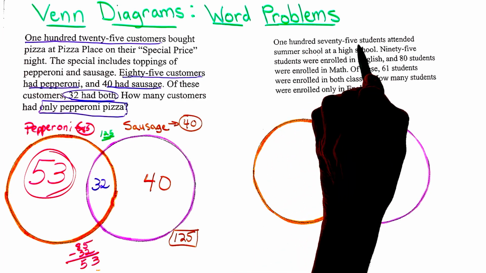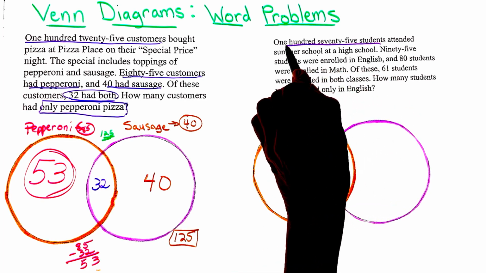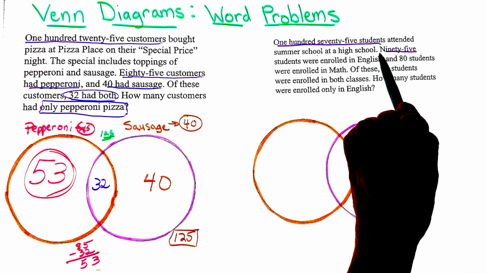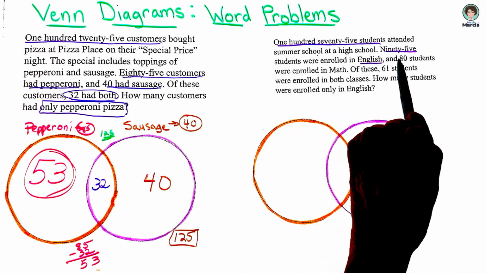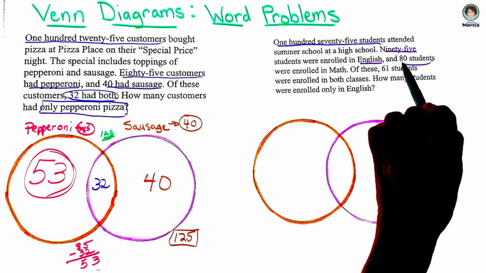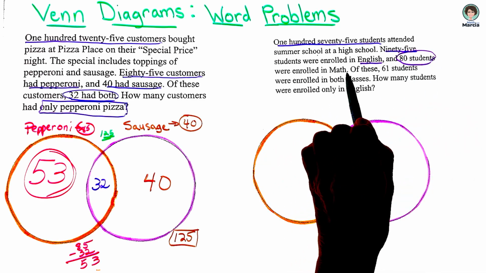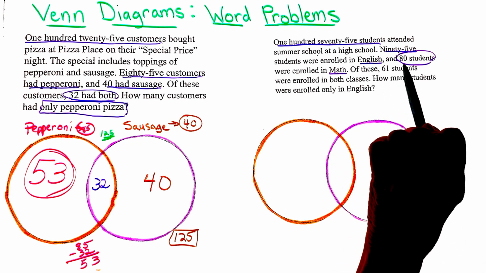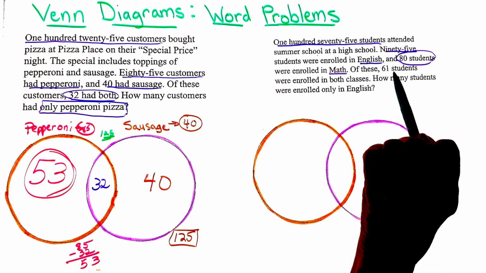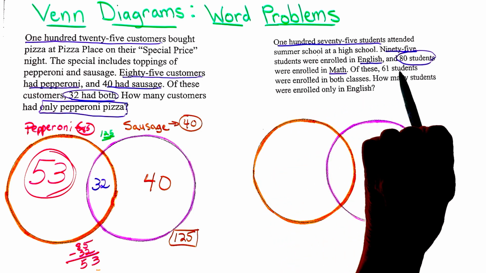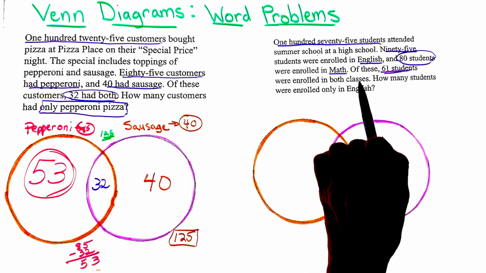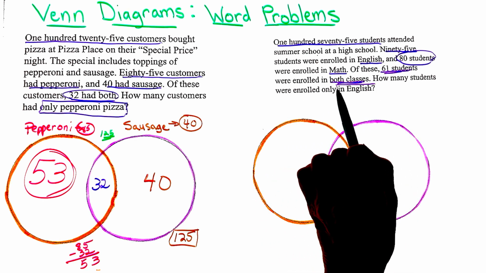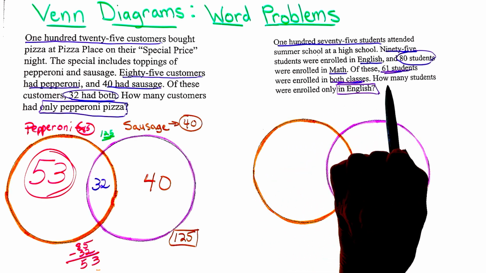We know that there were 175 students at the high school. 95 students were enrolled in English, while 80 students were enrolled in math. Now, this is important. Of these numbers up above, 61 students were enrolled in both. How many students were enrolled, we want to know, in English?